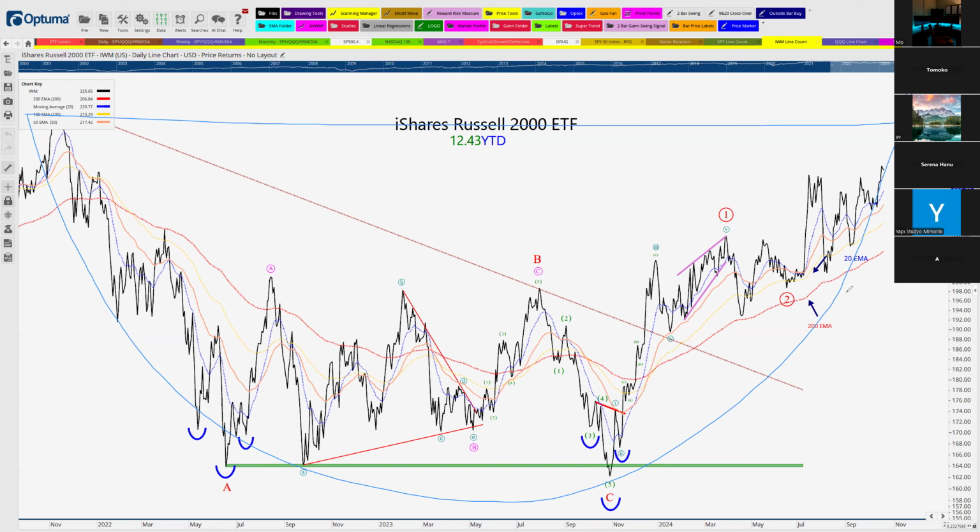So the 4 years of this mess are going to be due for a breakout. Yes, it will. Price has consolidated for a very, very long time sideways.